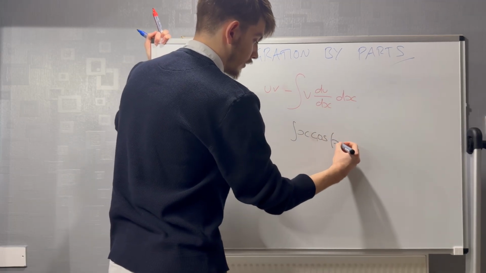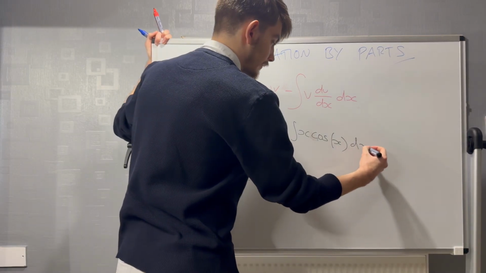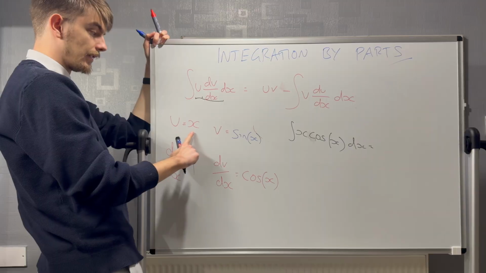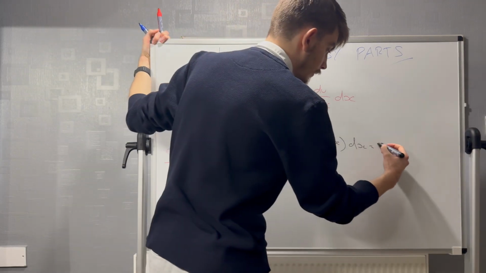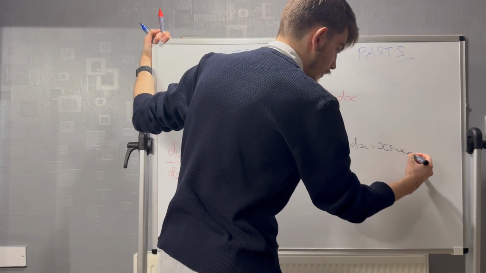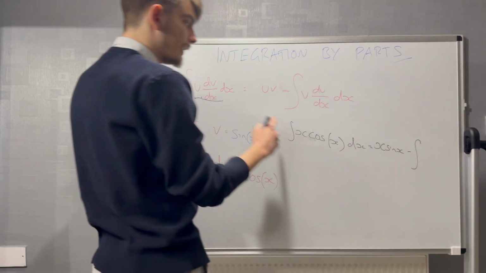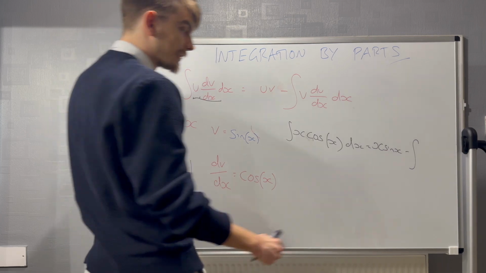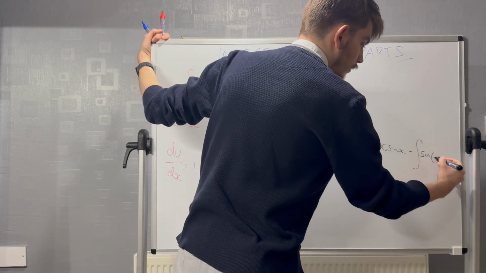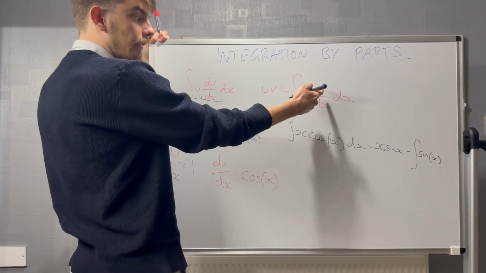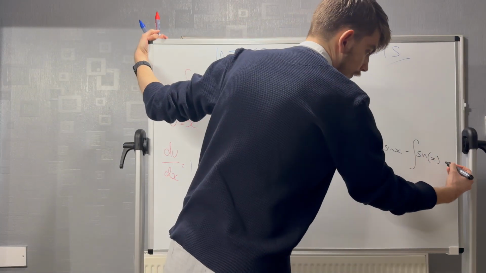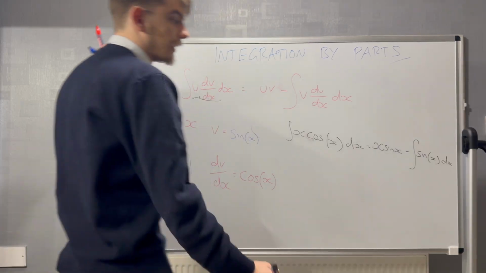I know that, that's what I'm trying to figure out. It is going to be equal to u times v, well, that is x times sine x, minus the integral of v, which is sine x, times by du by dx, which is 1. So times by 1, just throw the dx on the end there.